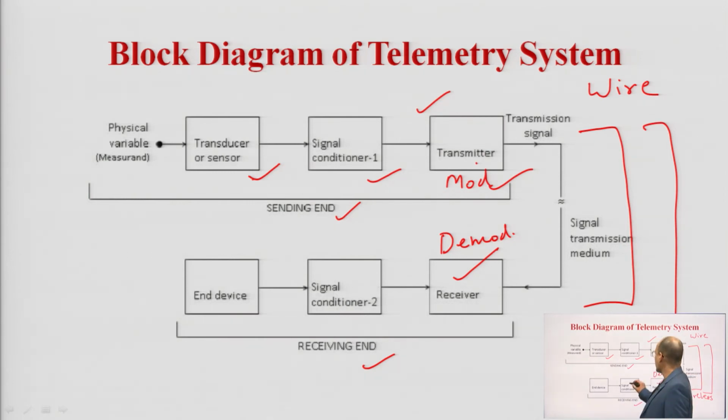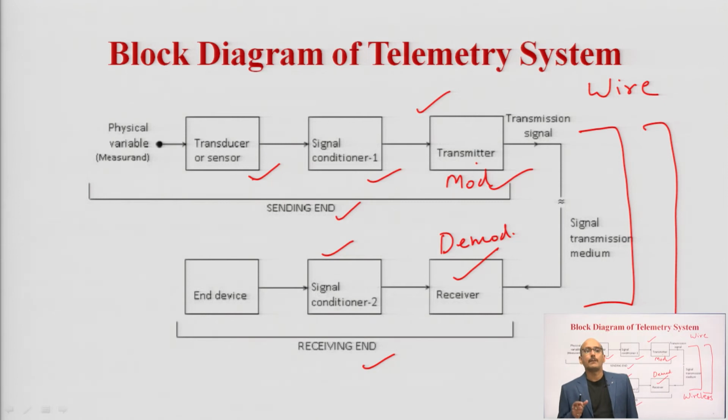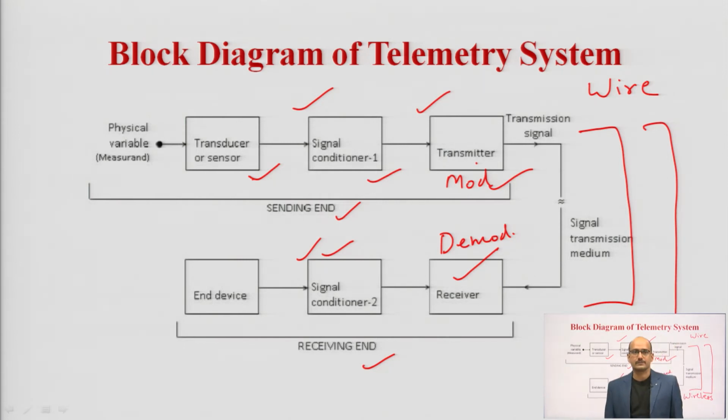Then you go again to the signal conditioner part, because this signal conditioning unit plays a very vital role in the telemetry system, as it prepares the signal as per the requirement of the system, or makes the signal compatible to the system. That is why signal conditioning units are required on both sides.